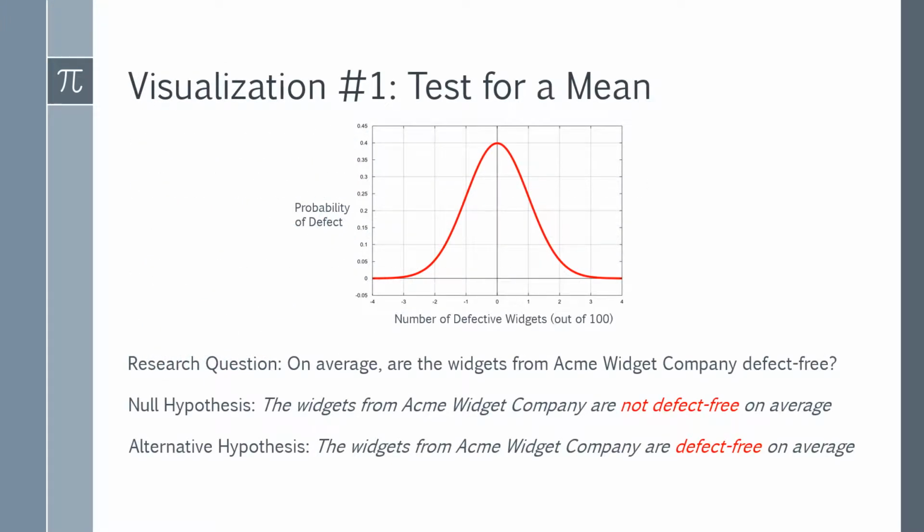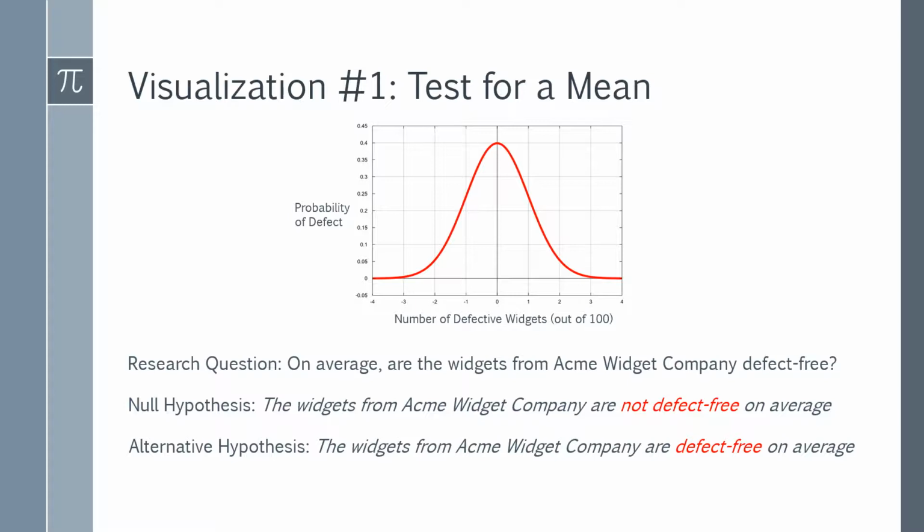So the first visualization is a test for a mean, which shows the variation between the probability of defect and the number of defective widgets out of 100. The data has been collected from the Acme widget company.